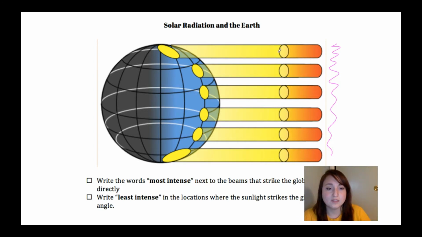And so these beams of light are a simplification, but it's a good idea of what happens once it hits Earth. So all of these are the same size. And you can tell because all of these circles are approximately the same size.